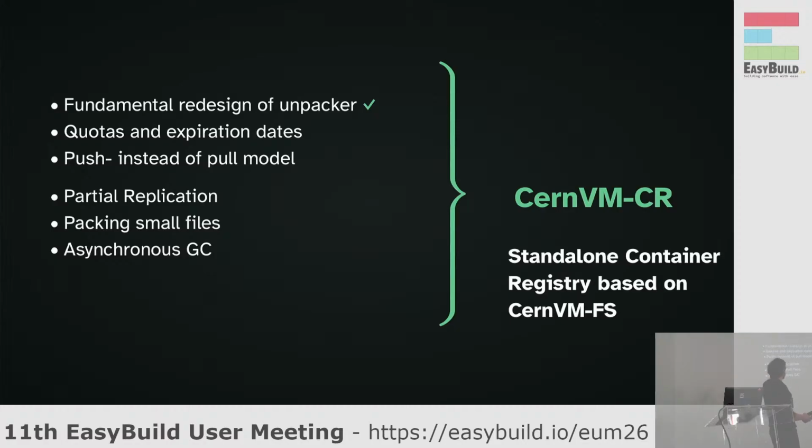In the end, what we also really need is some kind of quotas and expiration for these types of containers, where you typically want a regular container registry like Harbor that implements all of this. So what I'm trying to do at the moment is make a standalone container registry based on CernVM-FS, with a great naming scheme we call CernVM-CR. And this is our way of trying to run unpack.cern.ch in the future.